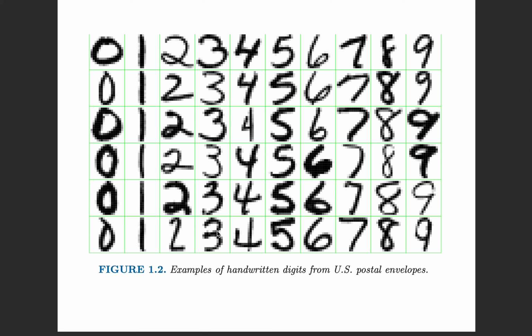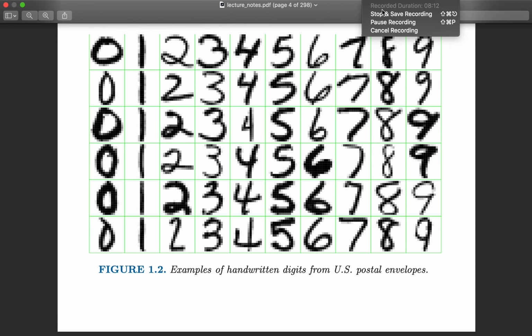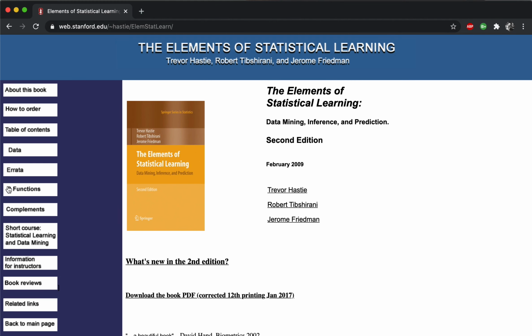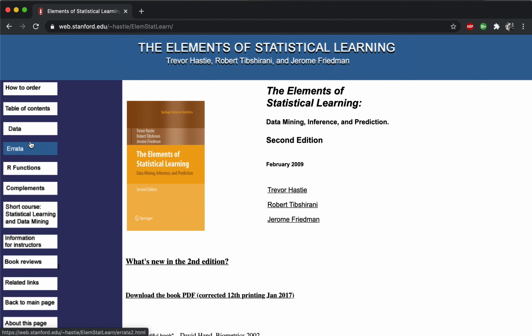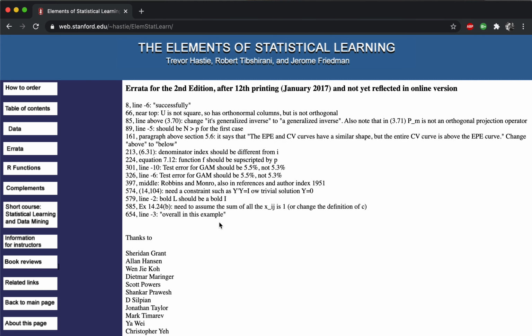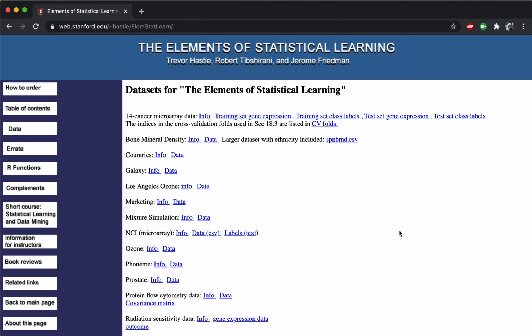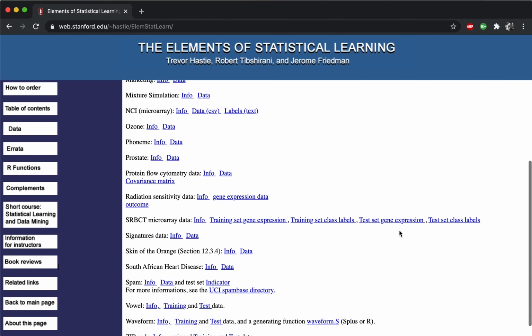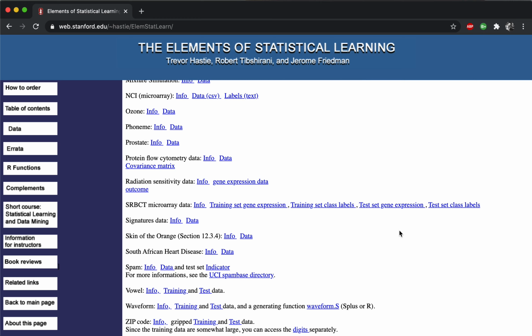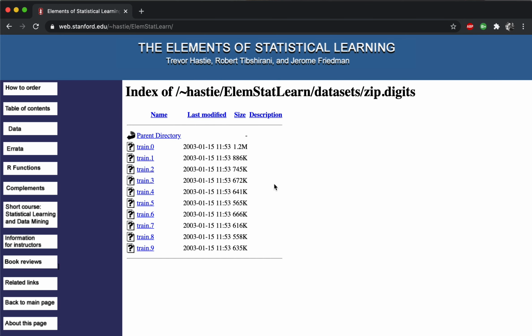If you just search for it on the website of the book, if you look at the data, this is the web page of the book, and here you can look for some of the errors that may exist in the book, but what I was referring to was the data which is here.